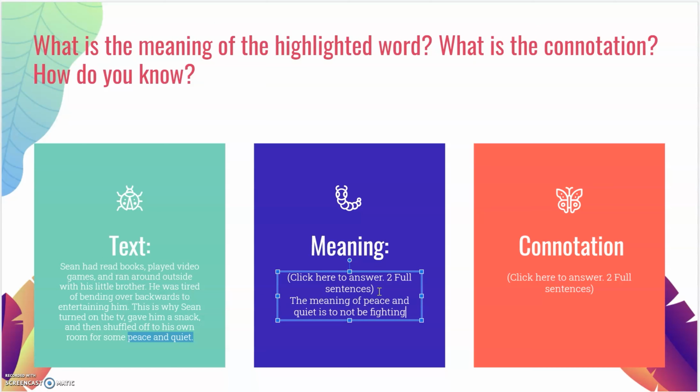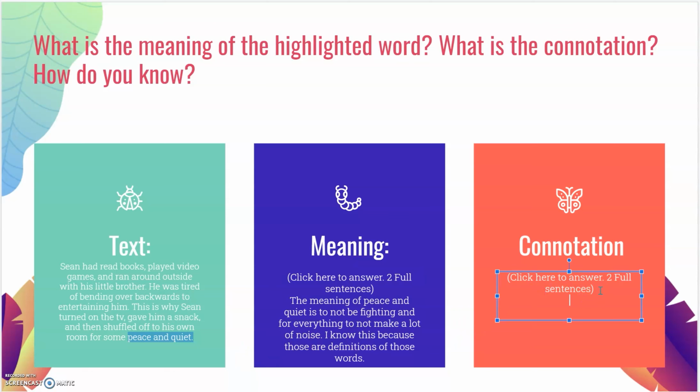It's not fighting. And for everything to not make a lot of noise. I know this because those are the definitions of those words, right? That's literally just like what those words mean.